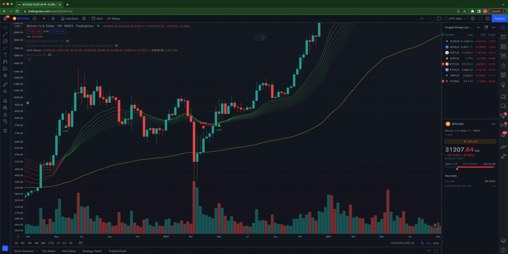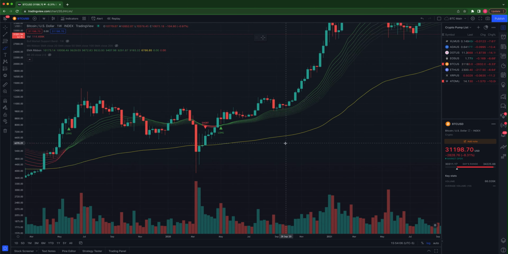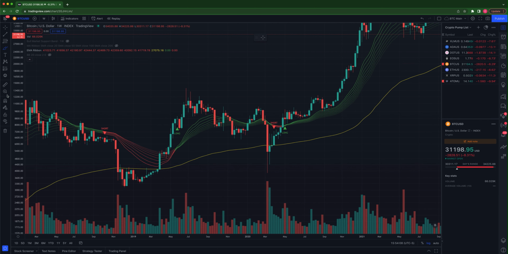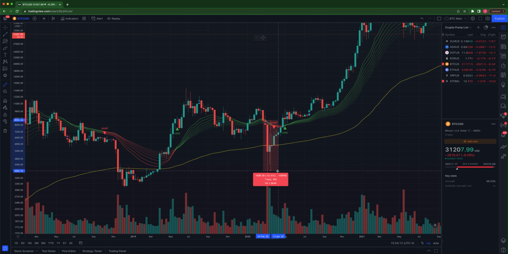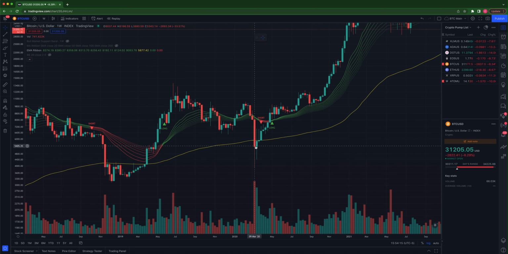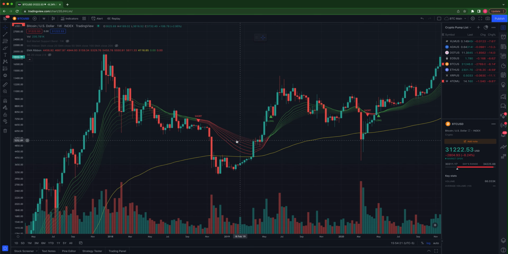But that's because it was in an uptrend. It was the beginning of the cycle here. I just want to convey the message to you guys that there is about a 50%, 53%, 52% dump when we saw the last EMA ribbon flip on the weekly. Let's go back to here. This was the end of the 17, 18 cycle.